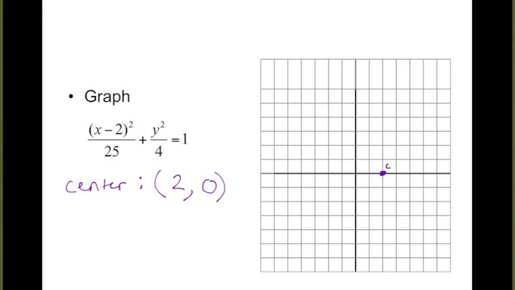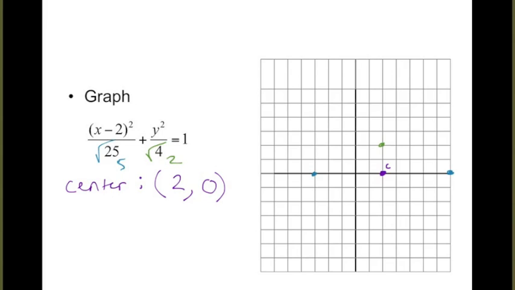Underneath the x, take a square root. Gives 5. So we're going to go sideways 5. And that's going to make either our vertices or our co-vertices, and we can worry later about what they are. Underneath the y, take a square root, is 2.